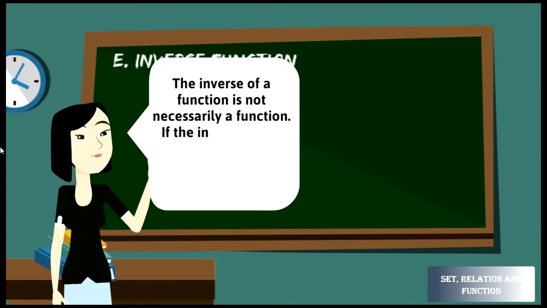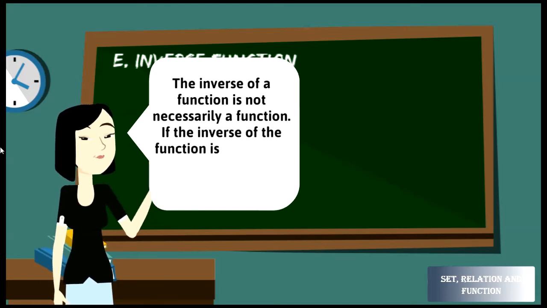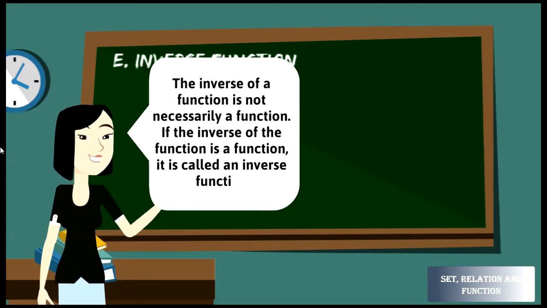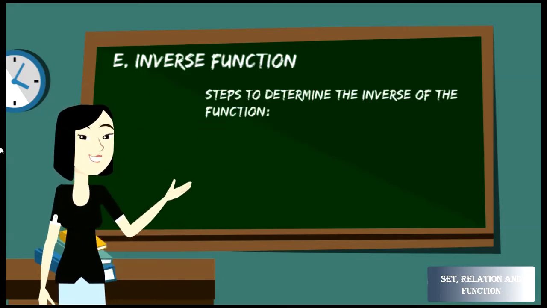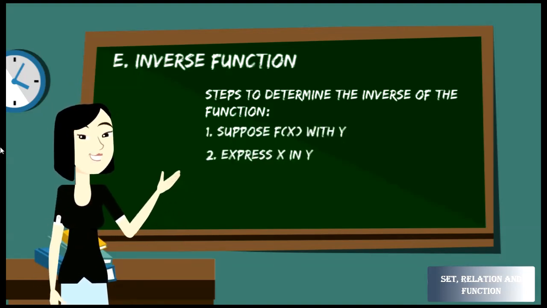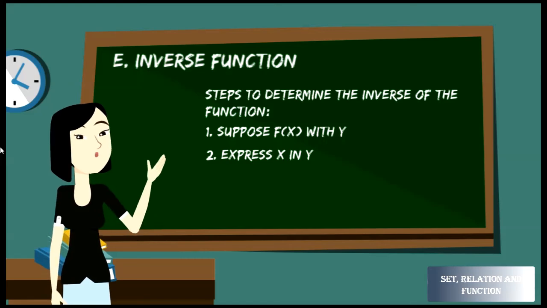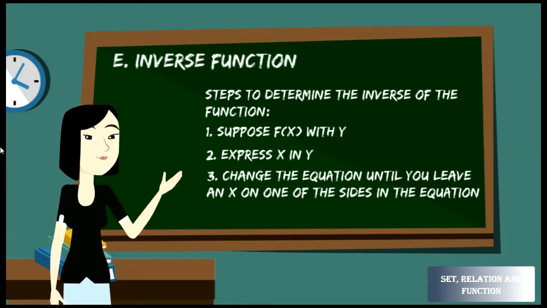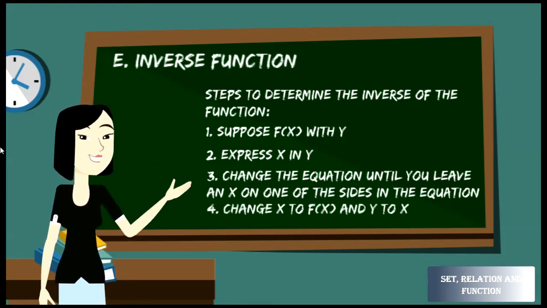If the inverse of the function is a function, it is called an inverse function. Steps to determine the inverse of the function: suppose f(x) equal to y, express x in terms of y. Change the equation until you leave an x on one side of the equation. Then change x to f inverse of x and y to x.